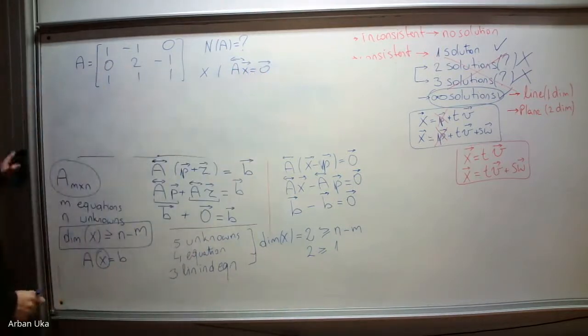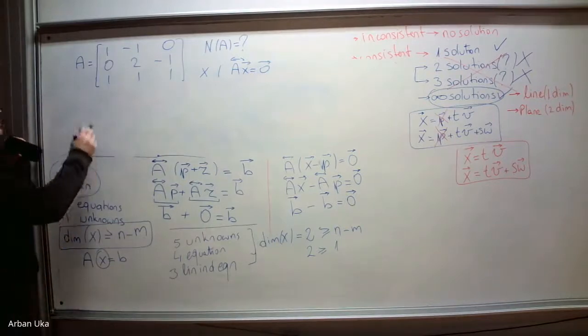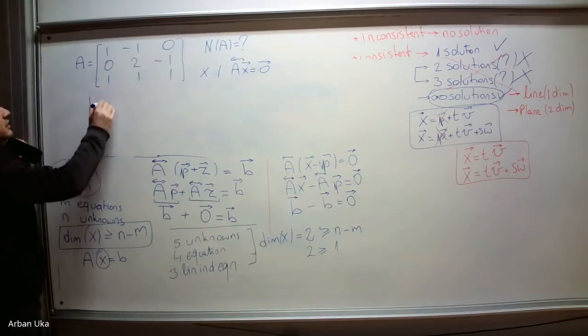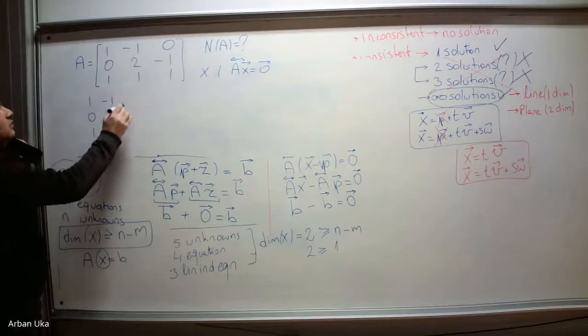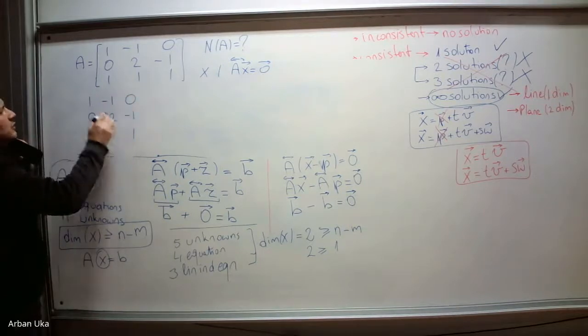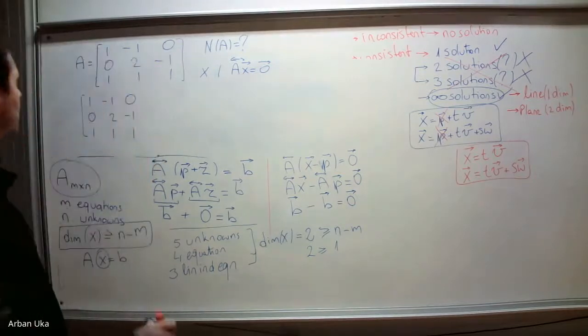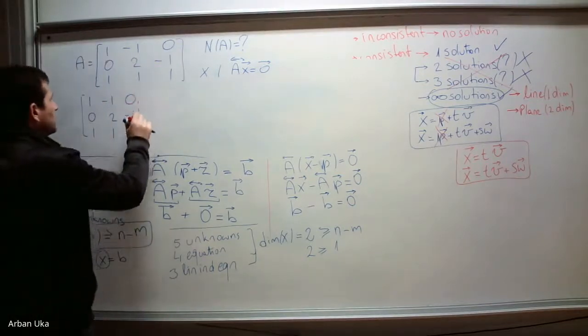So what is the augmented matrix? We get here 1, 0, 1, minus 1, 2, 1, 0, minus 1, 1. And we augment it with the 0 answer, okay?